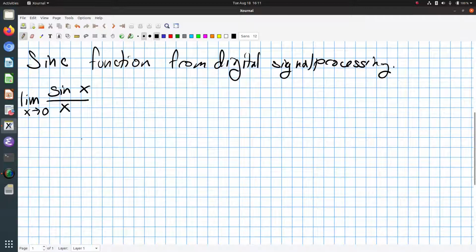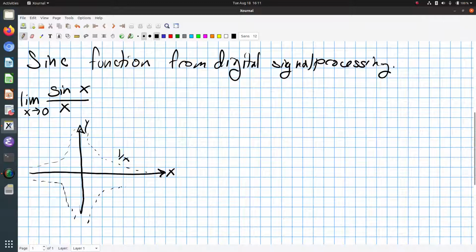Let's try to get a graphic of what it might look like. So the sinc function certainly has got something like a 1 over x going on. So some kind of 1 over x behavior. And so you can see that there might be a possibility of blowing up at the origin.